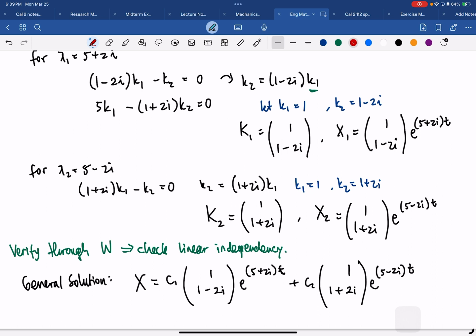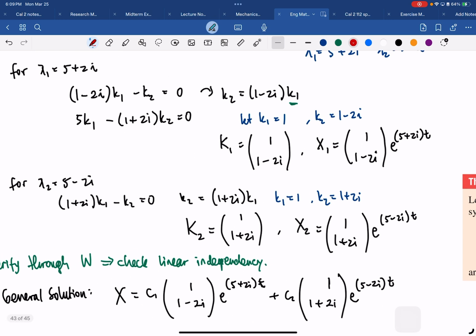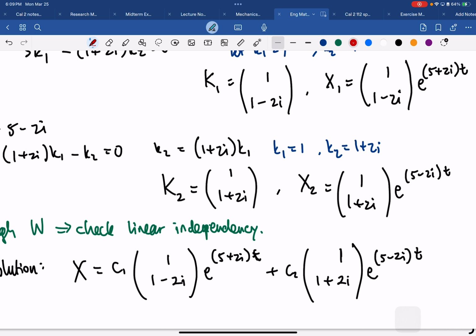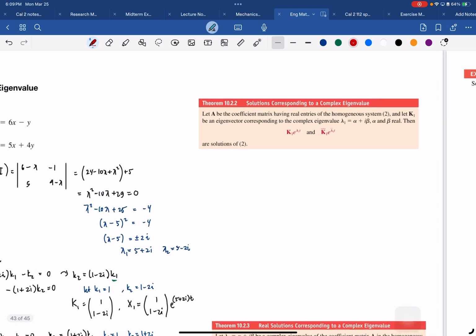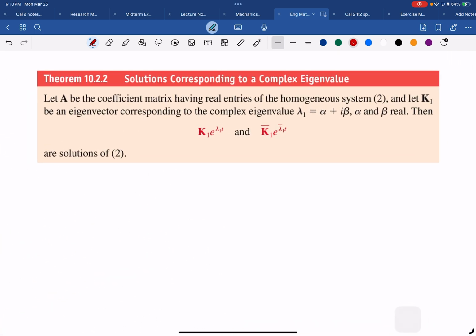Okay, now let's go right here. Since this is conjugate, all the terms in the complex have some conjugate. So we can write the theorem that this is going to be the conjugate.